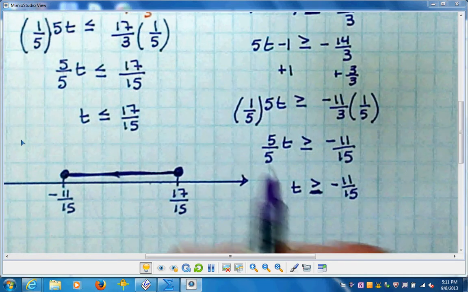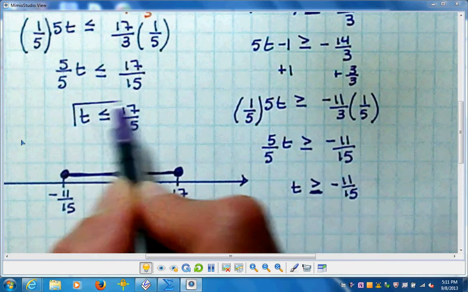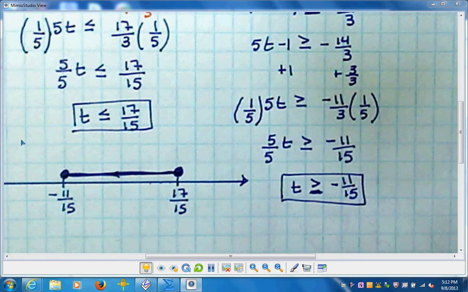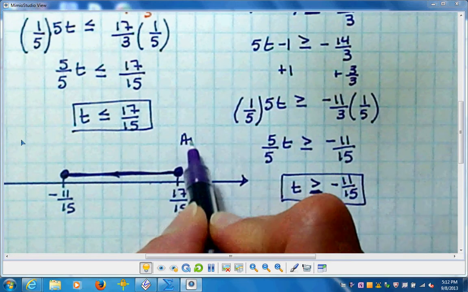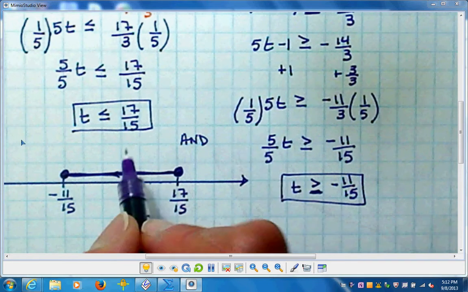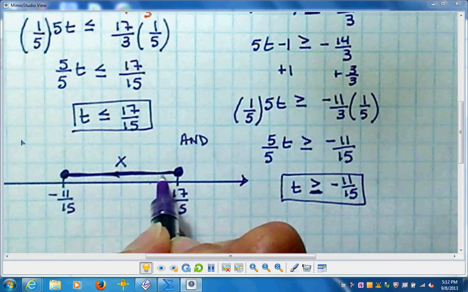So my answer, I'm not done, I graphed it, so I want to make sure I write my answer right. You could write it like this, with the word "and" in between. Or you could think, well, x is right here. All these values in here are x.